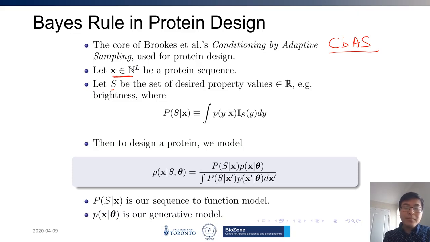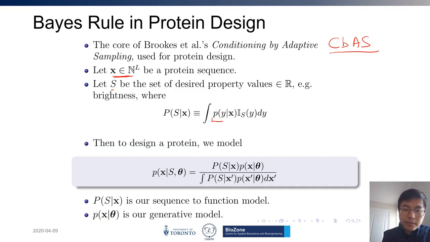Okay, so this is just the definition of what P of S given X means. Given that protein sequence, we already know what that protein sequence is. What is the distribution over the property values of that sequence?